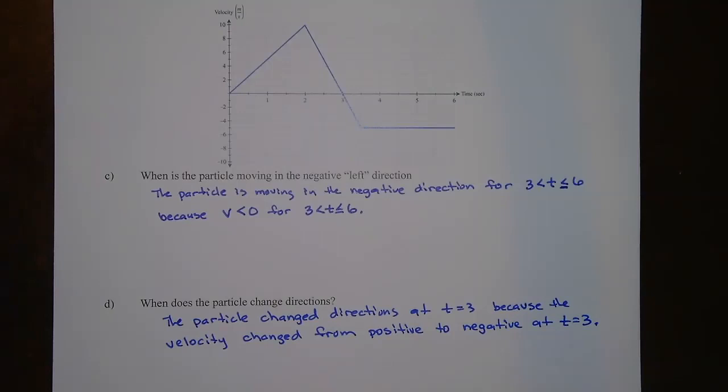And that's how we know it changed directions, because the velocity changed from positive to negative. If you just say because the velocity changed signs at t equals 3, that'd be fine too.